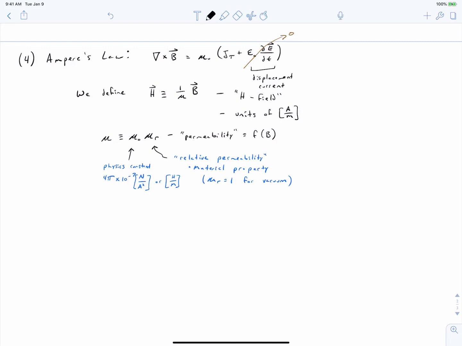Ampere's law is also most useful to us in this class when it's in its integral form.